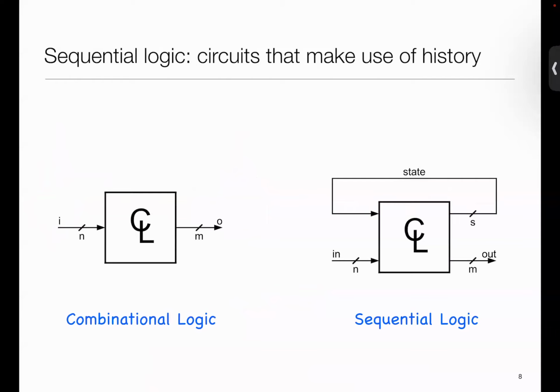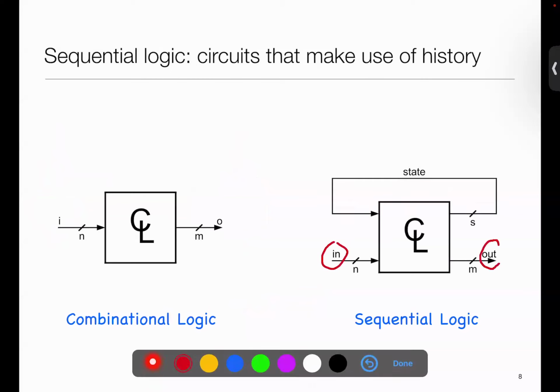Sequential logic has memory. So one way of thinking about it is that sequential logic has a combinational part to it, which takes the input and produces an output, but then it also remembers stuff. That's the memory. And what is happening is that this combinational logic, faced with any change on the input, has access to both.